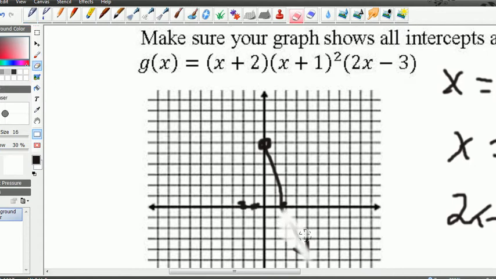He should bounce, because his multiplicity is what? Sorry, my mistake. He should go through because his multiplicity is 1. The only bounce we should have is at negative 1. So it's going to bounce, turn around, and go through.